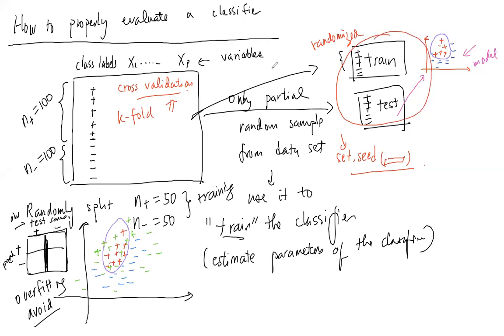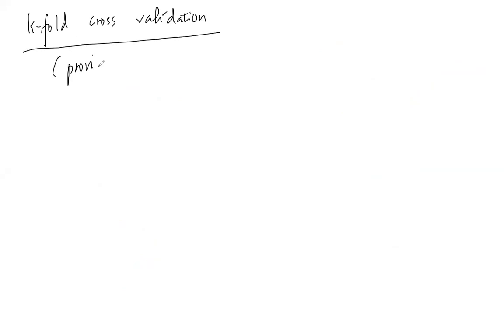So maybe let me sketch it out. K-fold cross-validation can provide some idea about performance variability, the performance variance of a classifier.